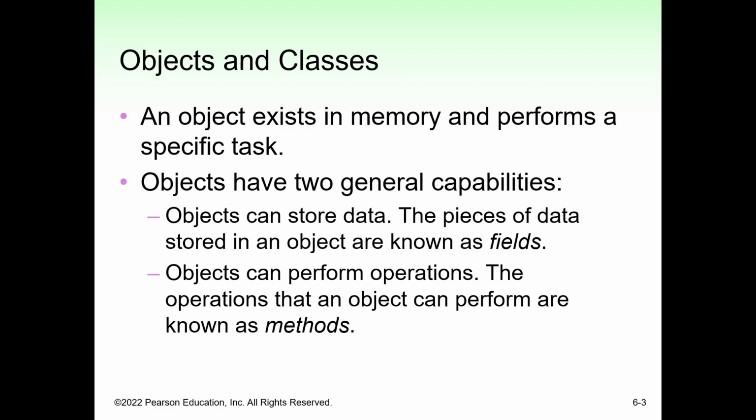You may have heard fields in PLD 101, but as we are all familiar with the term variables, those are simply fields. And the other thing objects can do for us is perform certain operations, and those operations are known as methods.